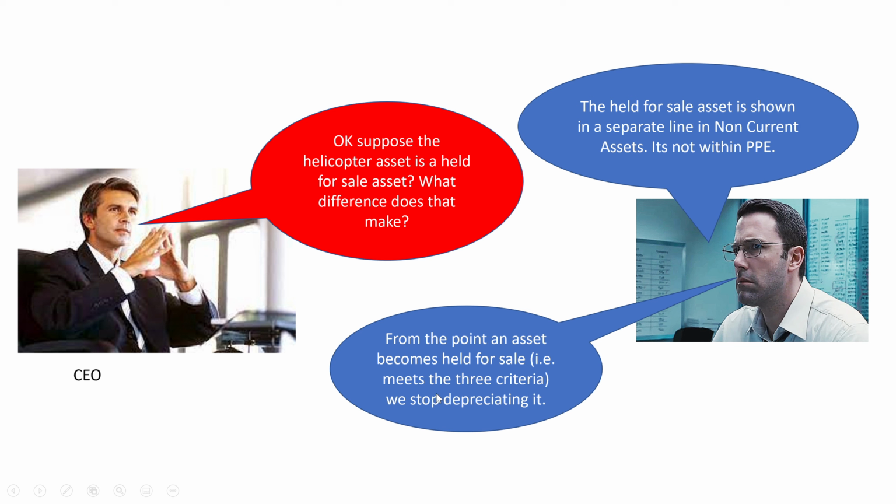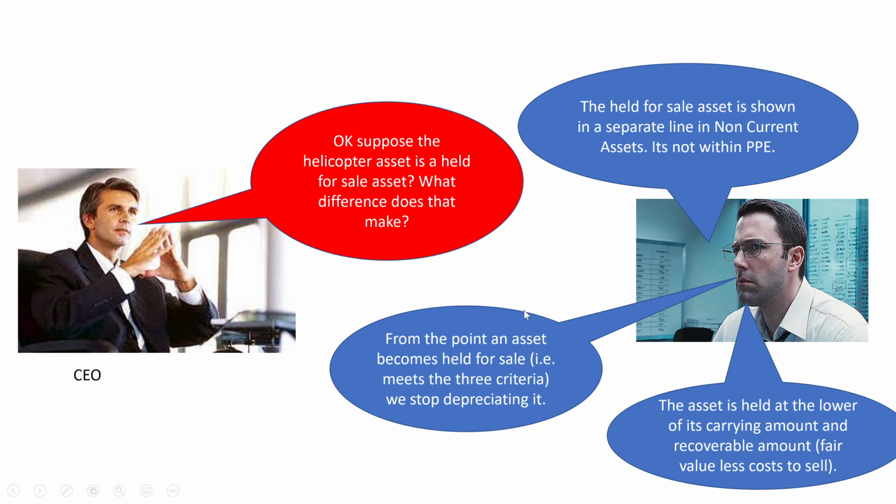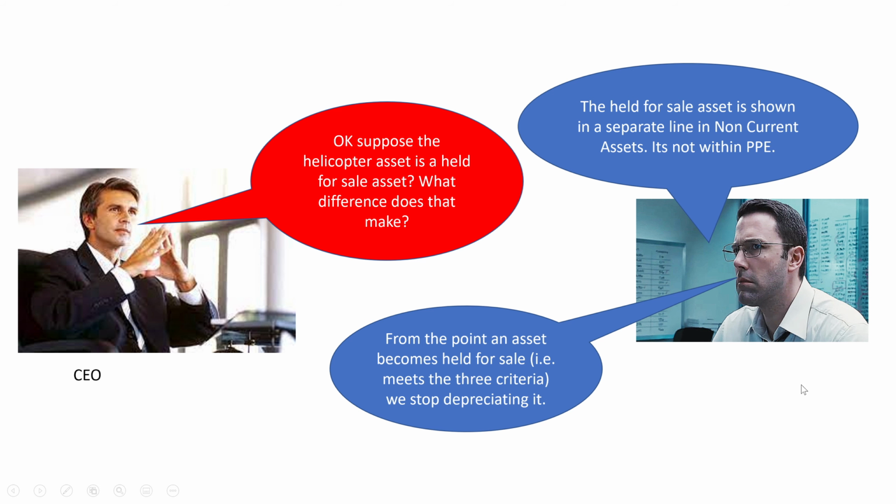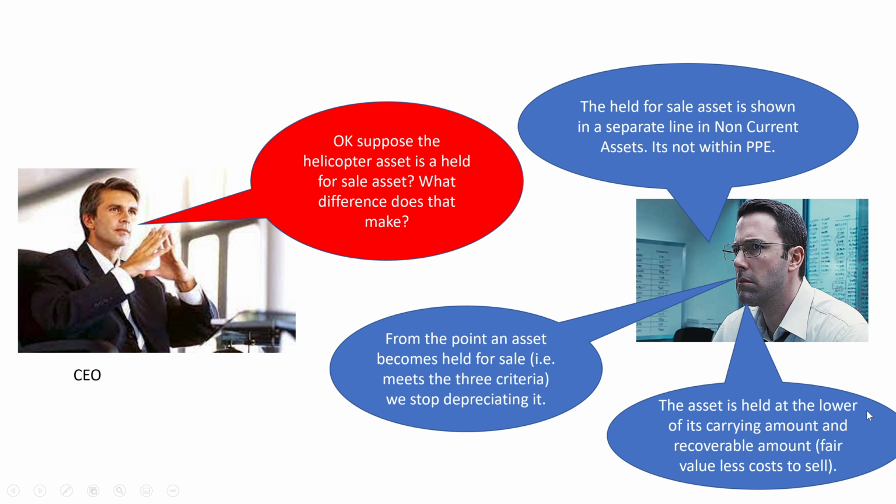Depreciation is not relevant anymore. Okay, so I'm going to explain these in more detail using a diagram. And also the third thing that I need to know is that we record the asset at the lower of its carrying amount and the recoverable amount, which is the fair value less cost to sell.